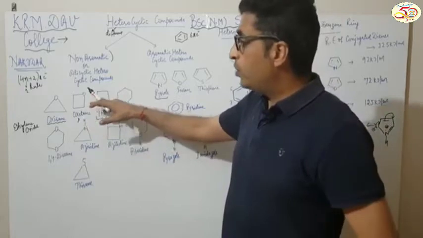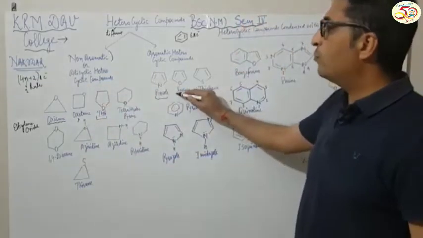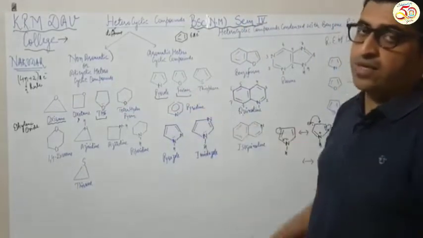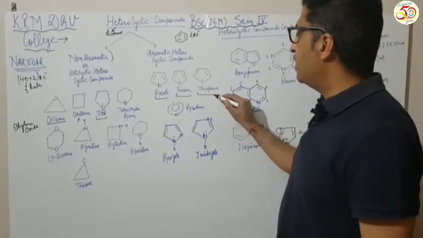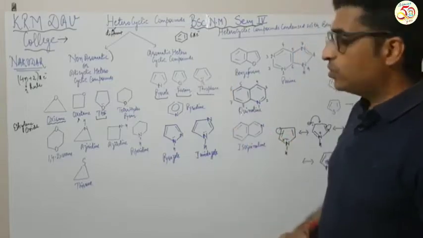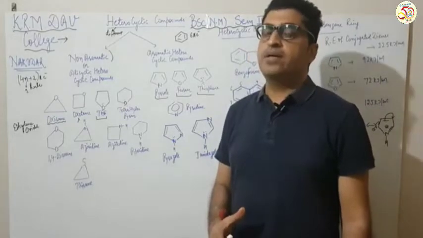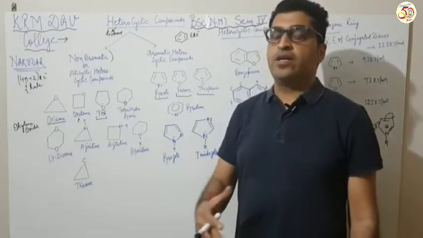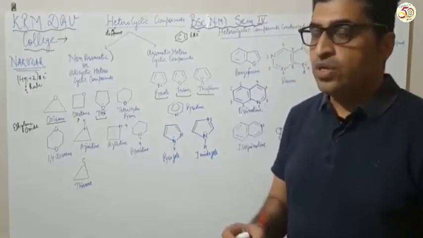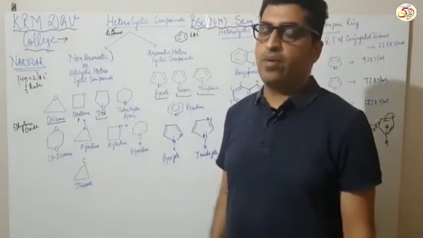If you remove 4 hydrogens from there and put 2 double bonds, we get furan. This is a very special molecule and part of our syllabus. Then thiophene: if you replace oxygen with sulfur, we get thiophene. So there are 3 5-membered heterocyclic aromatic compounds in the syllabus, and we will study their methods of preparation, physical properties and chemical properties.